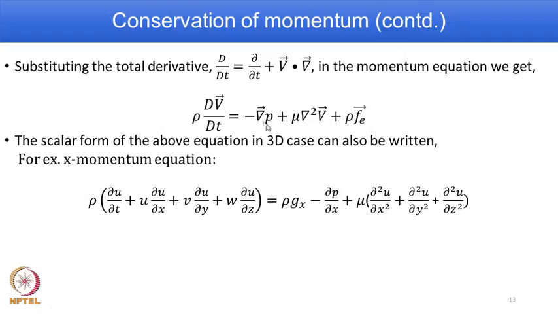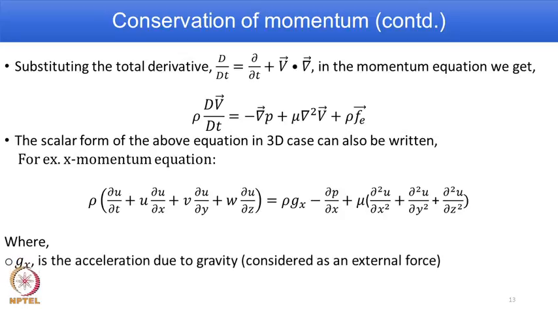The pressure term dou p by dou x is appearing here for pressure, the viscous force is appearing here, and then the external force is considered as gravity force. When you take a component you get rho into gx.